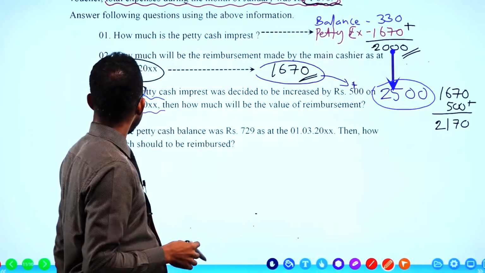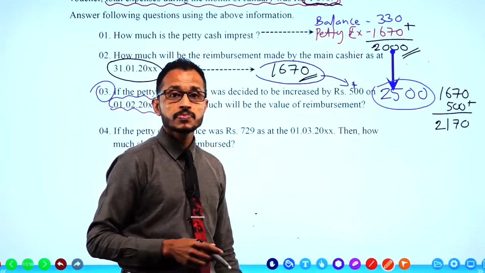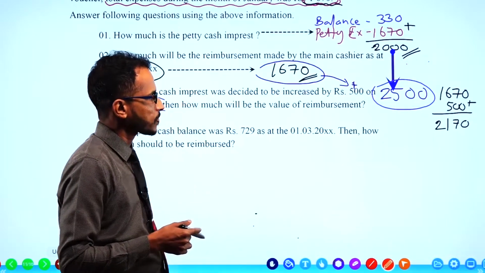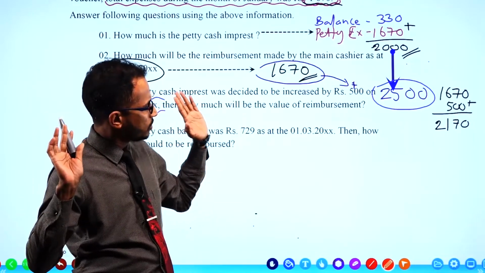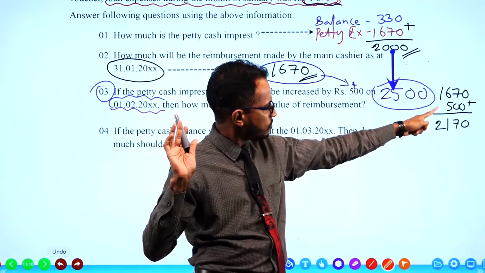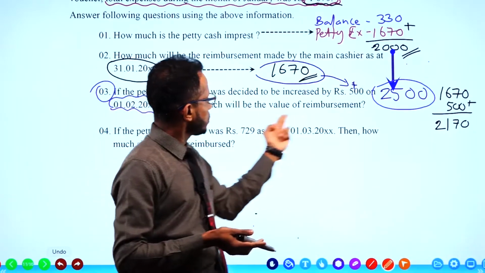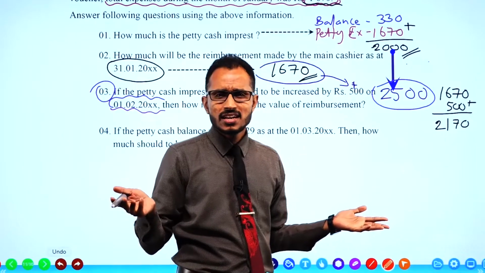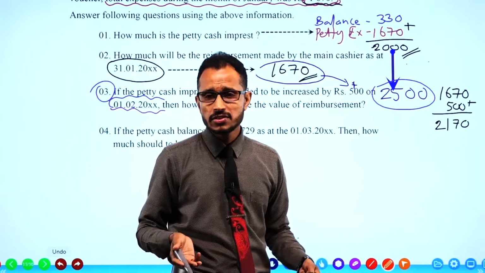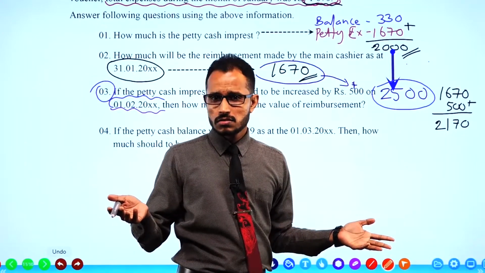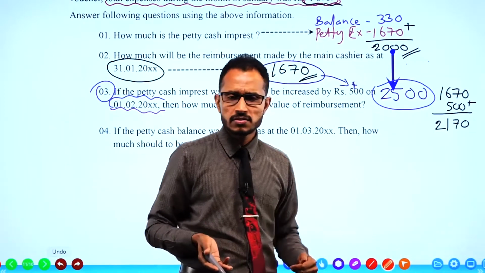That is the value of reimbursement. Then if somebody thinks, oh, reimbursed amount increased by 500, and the new reimbursement should be 2170, but the new imprest should be 2500, no? But this didn't become 2500, no?